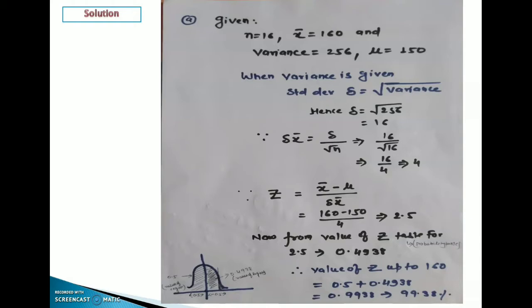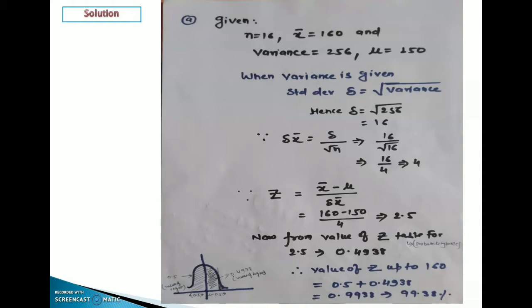That means normal distribution is the distribution of the population, and here the mean, that is mu, 150 is given, and x bar, as we know, is the sample mean, so here the sample mean x bar is 160. Here n is 16 and the variance is 256.